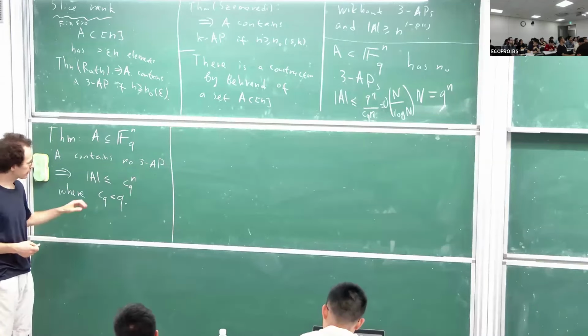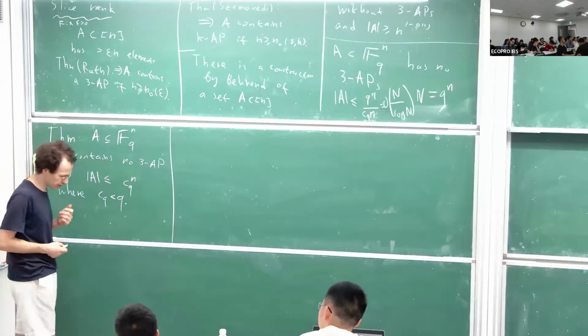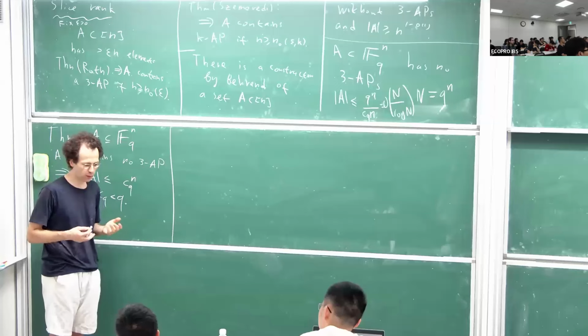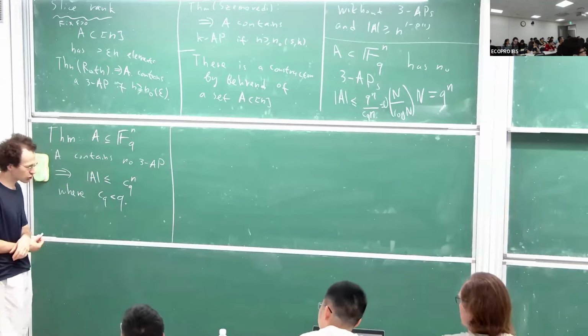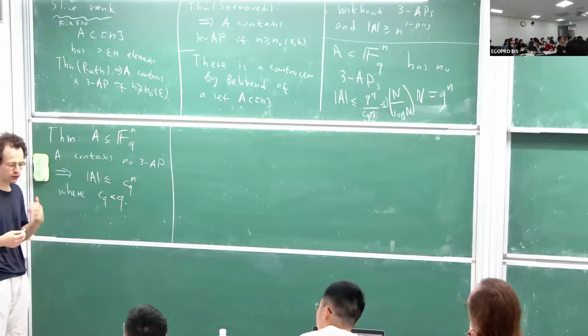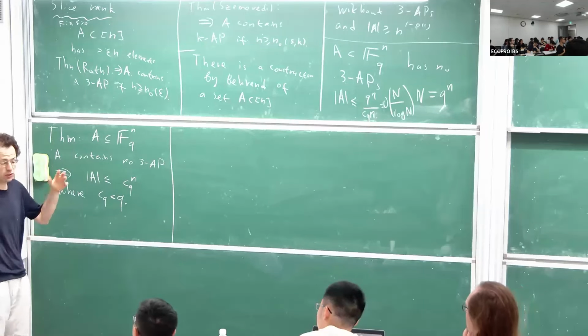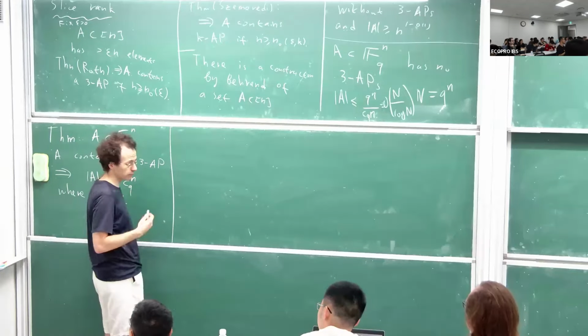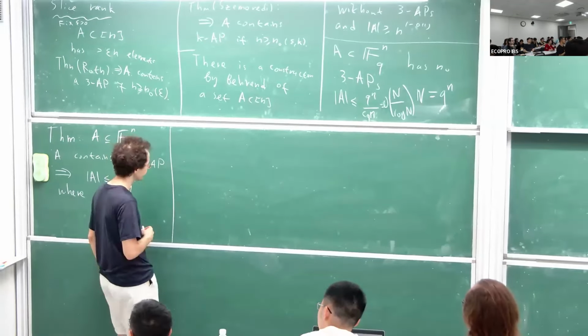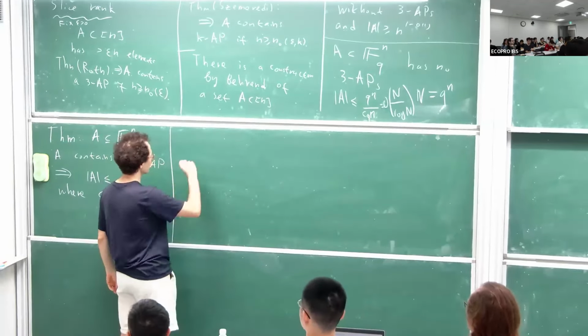Okay. And the key to such an argument is what's called the slice rank, which is a generalization of the rank of matrices to what are called tensors, which is a fancy name. So first of all, let's recall matrix rank.